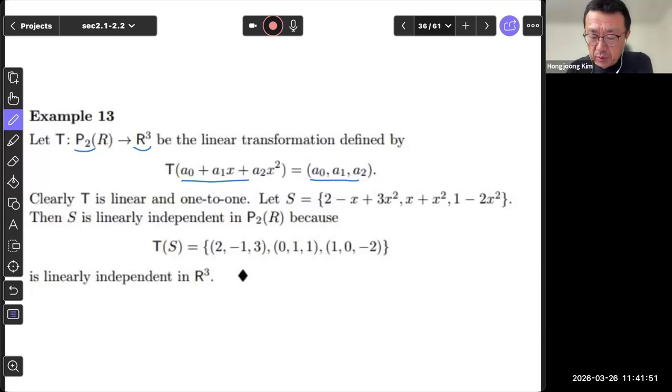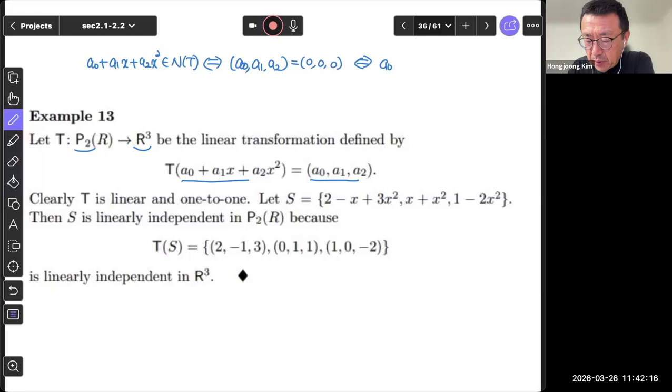Why? Because if I assume that this A0 plus A1x plus A2x squared is in the null space of T, that will imply that the triple A0, A1, A2 must be the zero vector. Then that means A0 is 0, A1x is 0, A2x squared is 0. I mean, this is the zero vector.